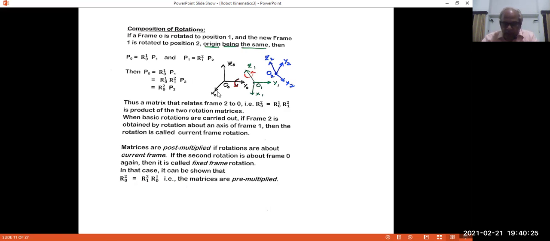So in that case, it will be R21 into R10. So you have to be careful whether you are rotating about current frames or fixed frames. If you are rotating about current frames, you post multiply each of these rotations. If you are rotating about a fixed frame, each further rotation that you make, you have to pre-multiply the previous rotation matrices. Well, we'll look at the translation in the next lesson.